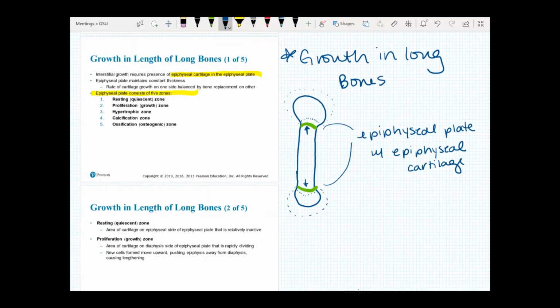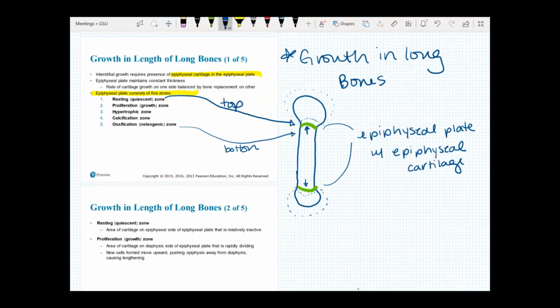The resting zone is going to be the top of your plate, whereas the ossification zone is going to be the bottom of your plate. That means the resting or quiescent zone is going to be closest to the epiphyses, whereas the ossification zone is going to be closest to the diaphysis itself.